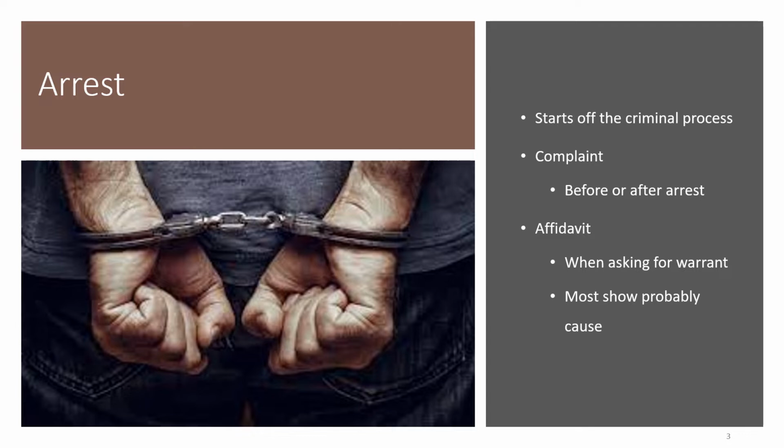Let's talk about arrest. Arrest is what actually starts off the criminal process. This is what officially puts someone in the criminal justice system. After a person is arrested, law enforcement writes out and files what's called a complaint.